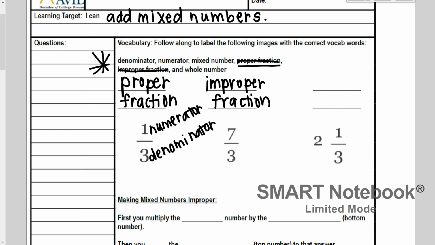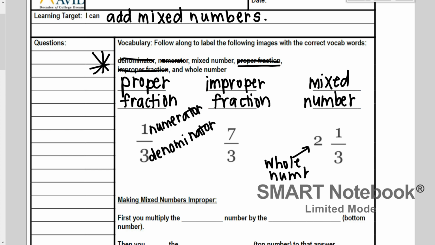Okay, this third fraction that we have is called a mixed number. And we'll talk about why in a minute. This is a mixed number because there is a fraction that we see, 1/3. That's a fraction. And then we also have a whole number.